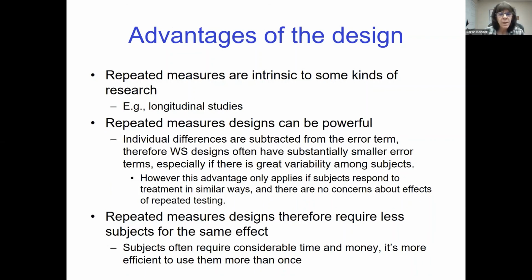Repeated measures can be much more powerful and consequently require fewer subjects, because you're reducing your denominator in the F-test, then everything else being equal, you'll have a more powerful test, and it's a money saver. And if you have difficulty recruiting, or you expect to have difficulty recruiting, it can be a useful thing to build into the design when it will work.